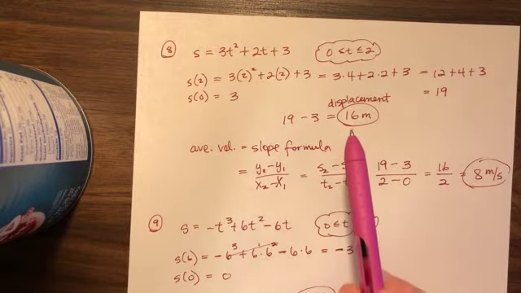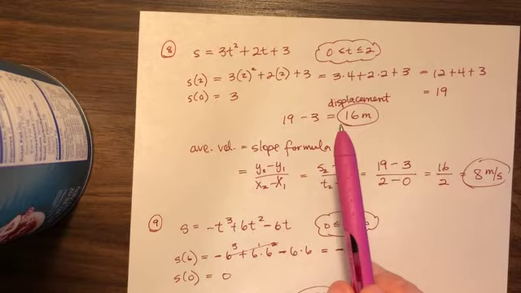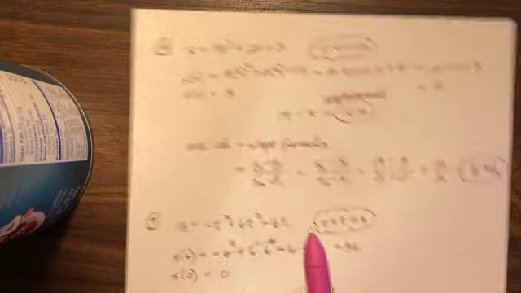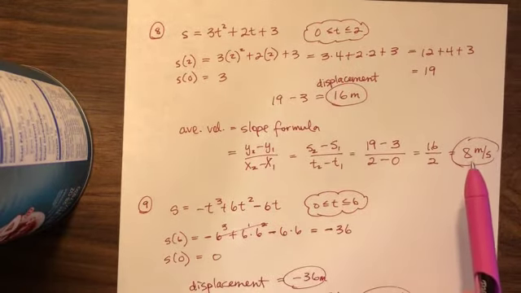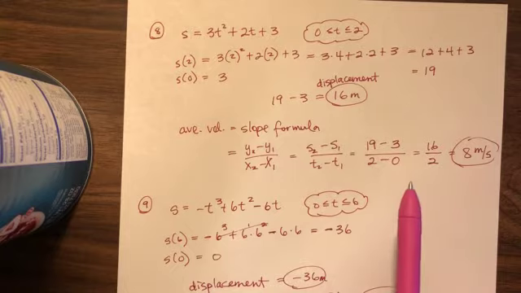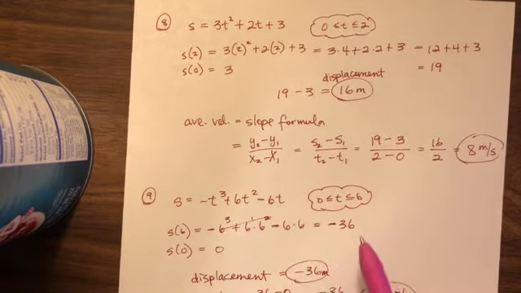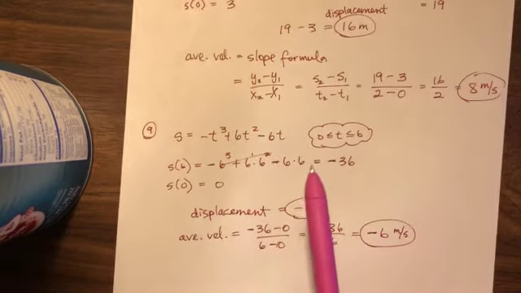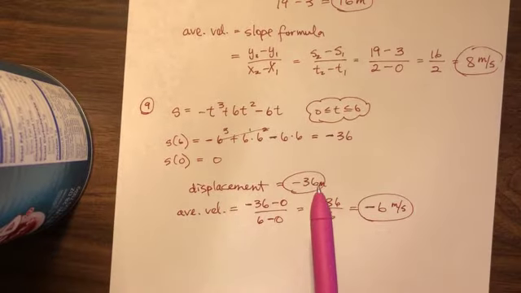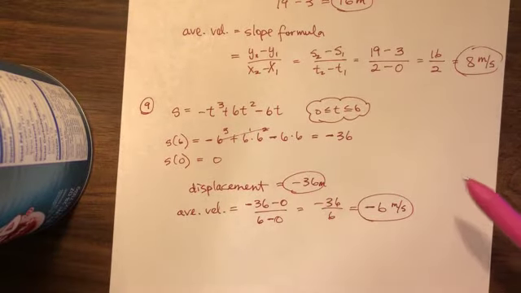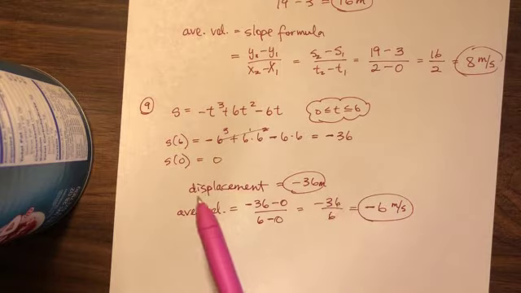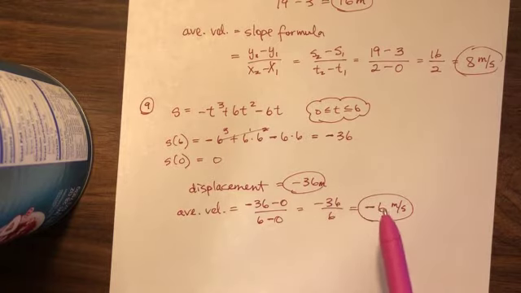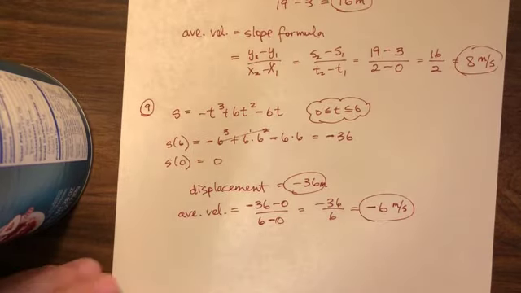That's what displacement being positive means. It's moved to the right 16 meters. And its average velocity is 8 meters per second, which means it had a positive speed. It was moving to the right. Here, the displacement is negative 36 meters, so it's like going left that much. And here, it's moving at this rate over that time. All right.